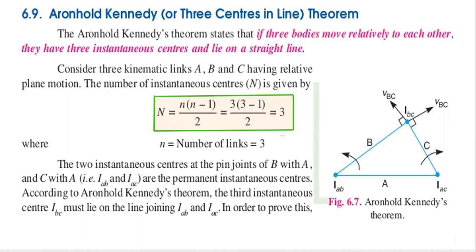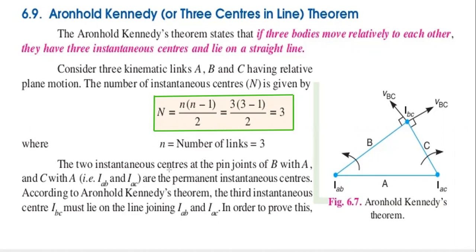So the number of instantaneous centers for this triangle with 3 links is 3. Here small n is the number of links, that is 3.